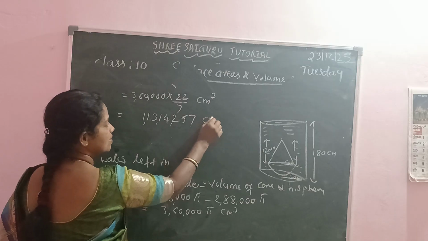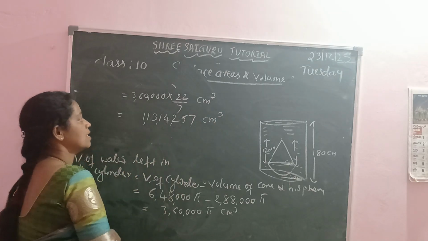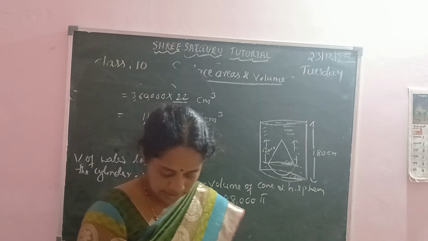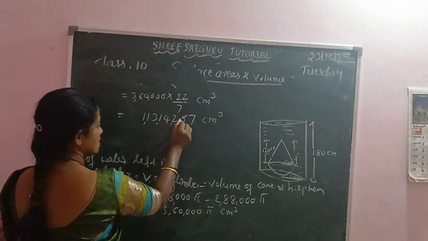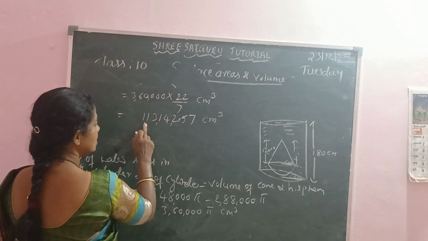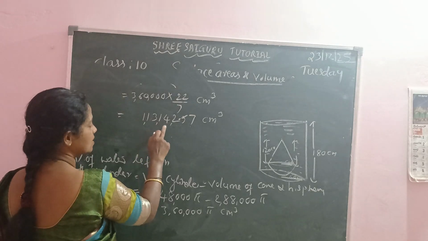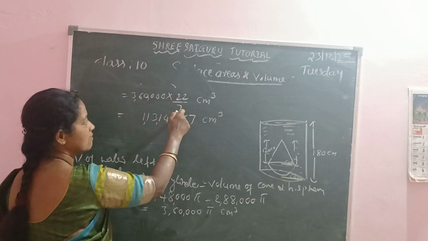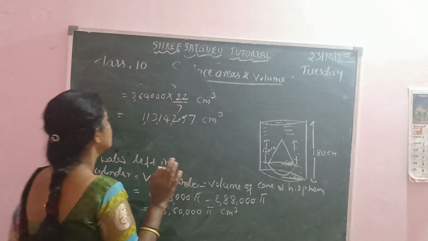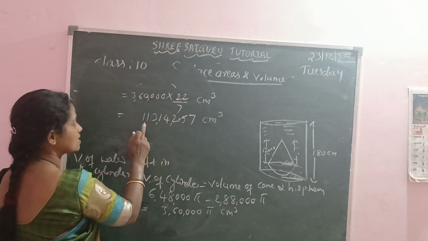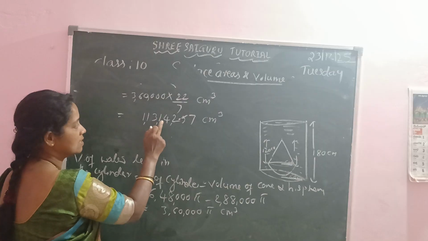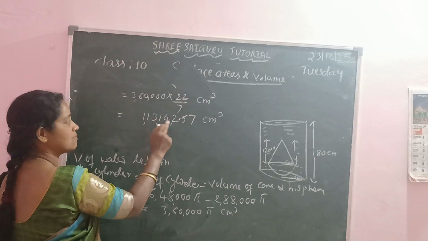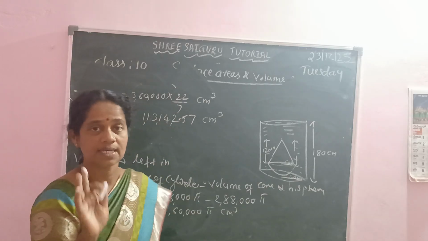1,13,142.57. When you convert 22/7 in terms of the decimal number, then finally we are getting answer 1,13,142.57 centimeter cube.